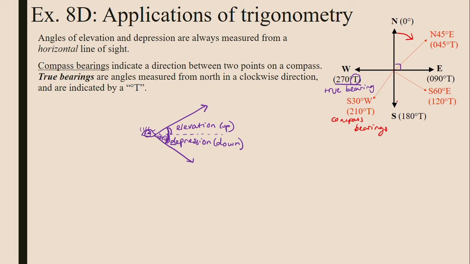From south in here, I've traveled 60 degrees, sorry, that's 45 degrees. 60 degrees from south towards the east gives me a bearing here of south 60 degrees east, which is the same as 120 degrees true, and that's because this in here is 30 degrees, so the 90 plus 30 gives that 120, or traveling that 60 degrees in.